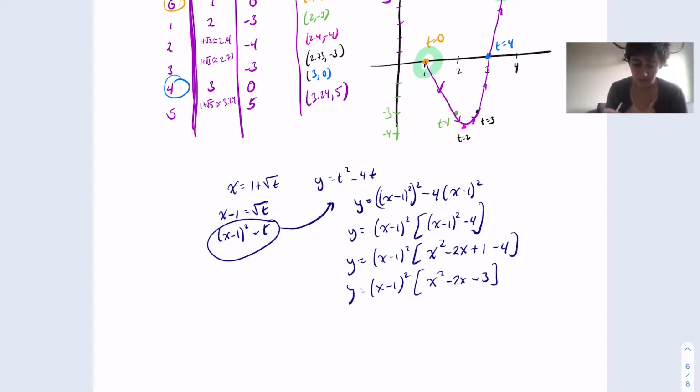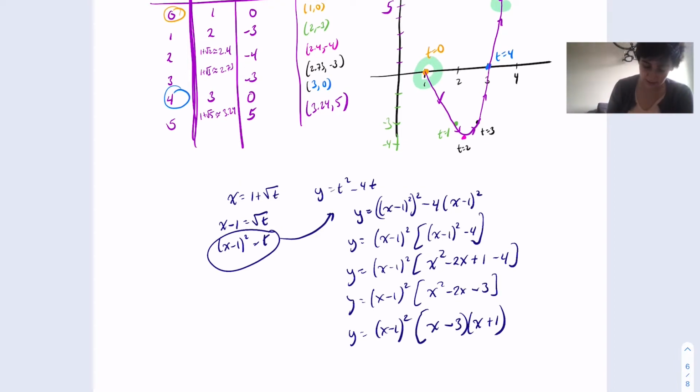It adds to give negative 2 and multiplies to give negative 3, so that is x minus 3 times x plus 1. And indeed, we do see our roots existing. The root corresponding to the factor x plus 1 is at this point, and the one corresponding to the factor x minus 3 is there.